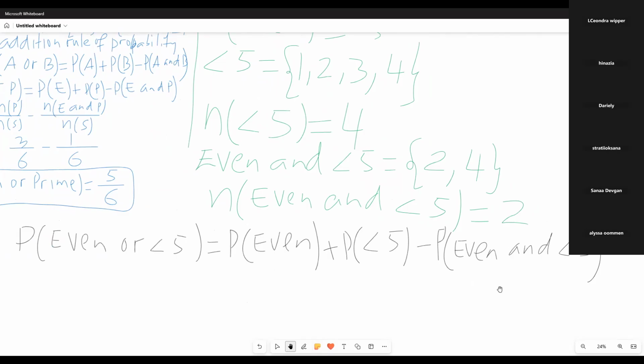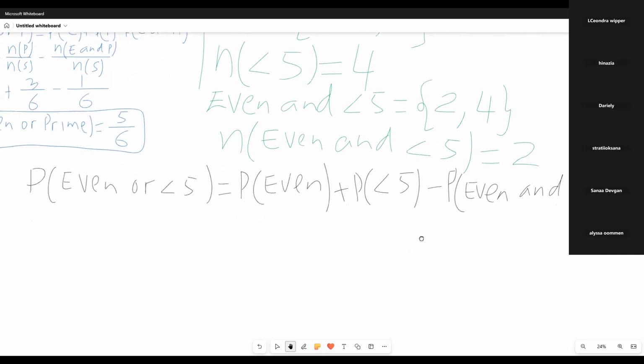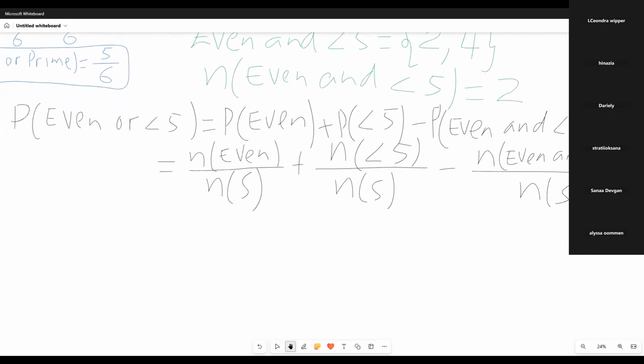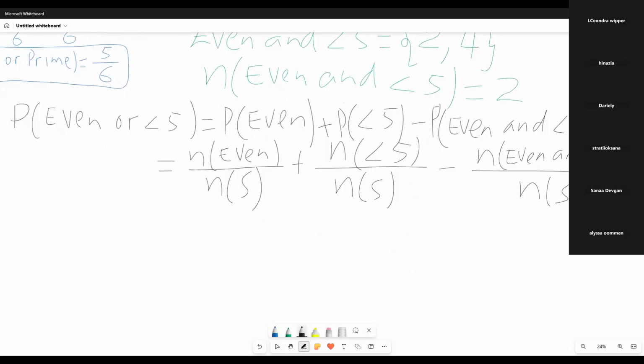Okay. Now, P of even is N of even over N of S, plus P of less than 5 will be N of less than 5 over N of S, minus N of even and less than 5 over N of S. N of even, we got 3.